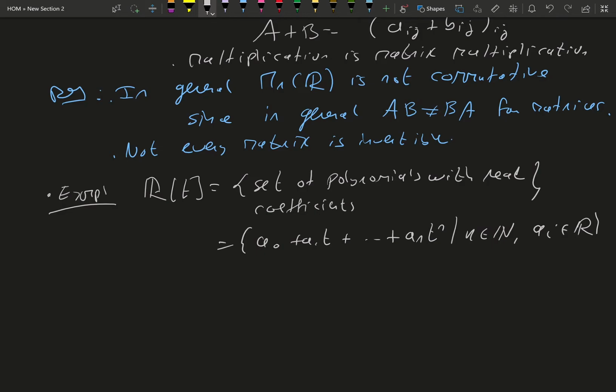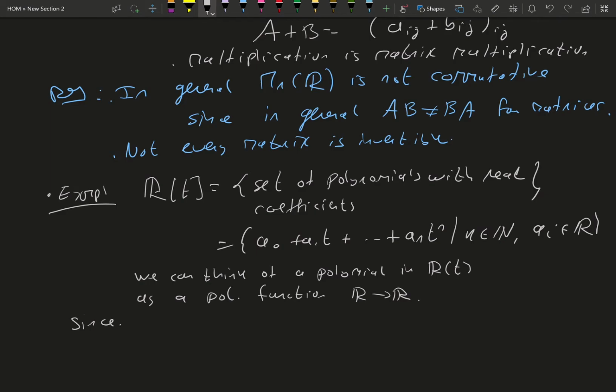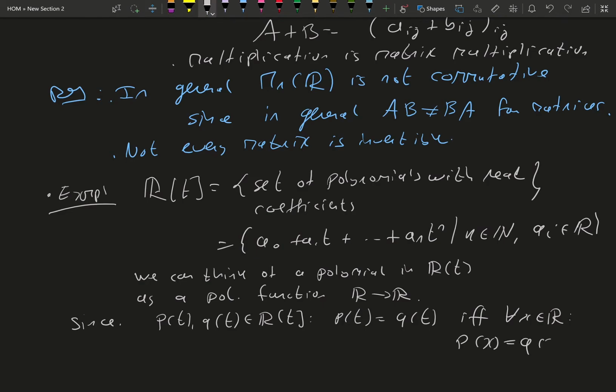And observe that here we can think of a polynomial in R[t] as a polynomial function from R to R. Since we know that if p(t) and q(t) are polynomials in R[t], then p(t) is equal to q(t) as polynomials if and only if for all numbers x in R, the polynomial p evaluated at x is equal to the polynomial q evaluated at x.